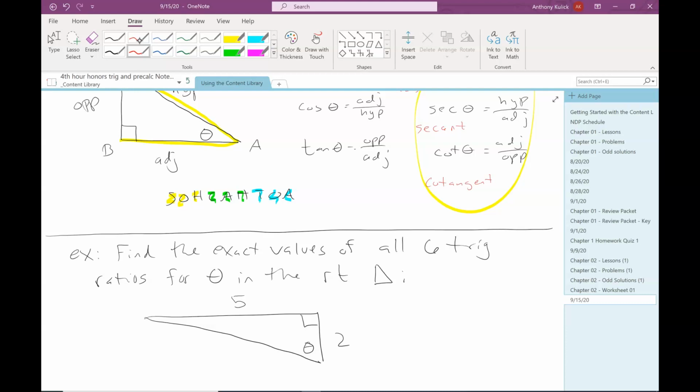We're asked to find the exact values of all 6 trig ratios for theta in the right triangle below.